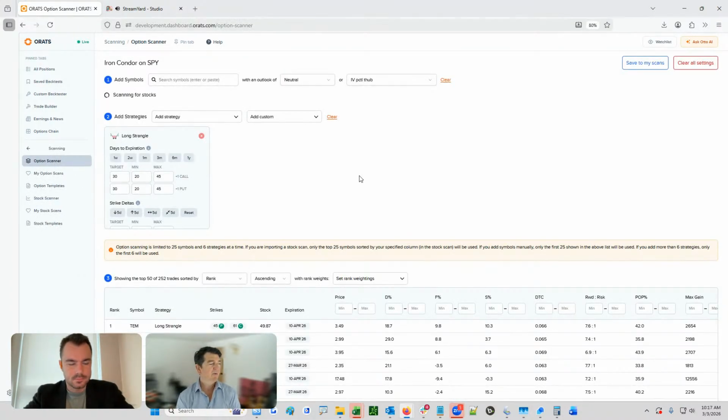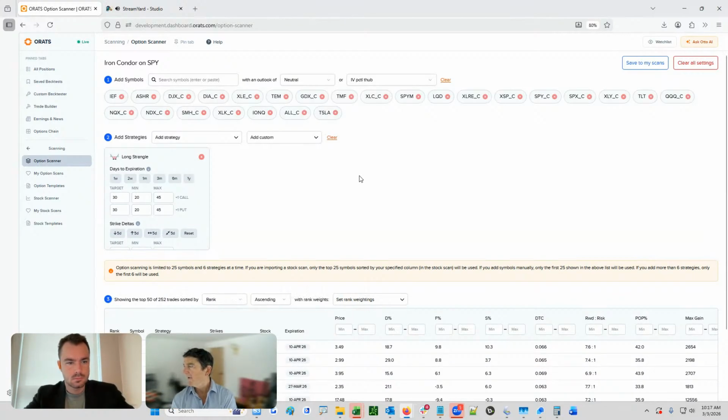IonQ, especially those later months, were especially low compared to where it's been. So the whole reason that we've done this search is because we're looking for IV percentiles that are low relative to everything else. Yeah, that makes sense. So that's the reason that we're doing that.